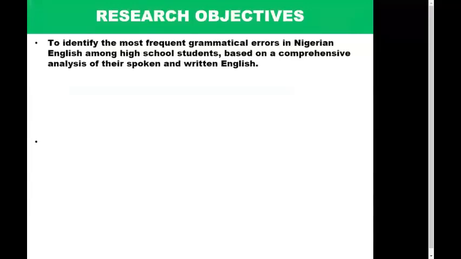Of course, we are going to look at the purpose of the study. Sometimes some people get confused as to the difference between research objectives and purpose of the study. Now, purpose of the study is more general. It states the purpose, what the aim is.